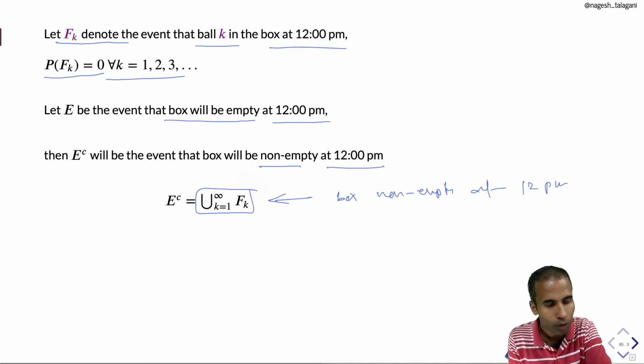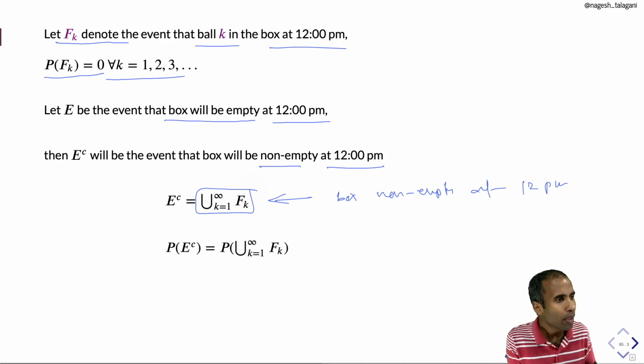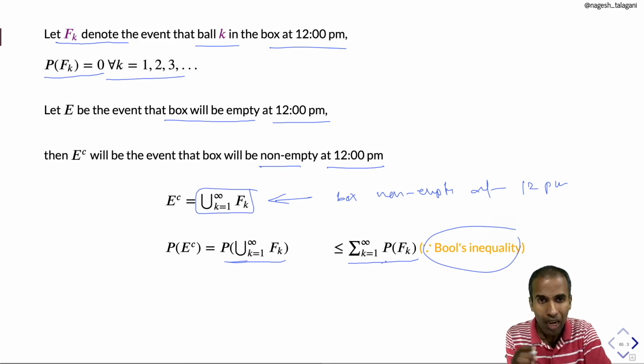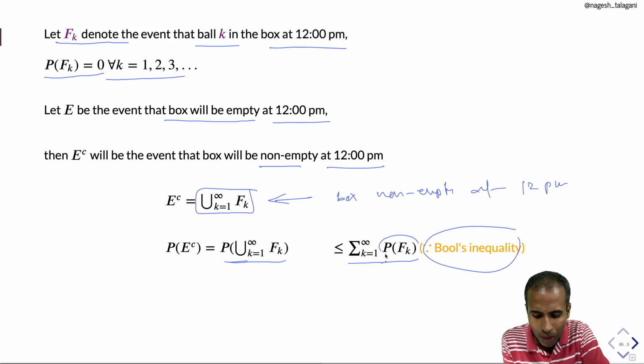Okay. So now the probability of E complement is going to be the same as the probability of the union, k equal to 1 to infinity, of Fk. Now here we can apply Boole's inequality. So this will be less than or equal to the summation, k equal to 1 to infinity, of the probability of Fk, because of Boole's inequality. And we know that the probability of Fk is 0 for all k.